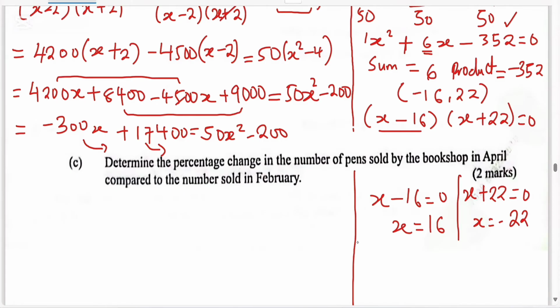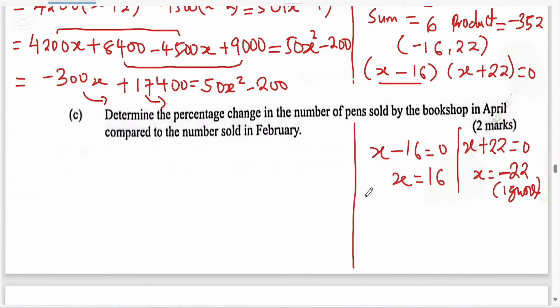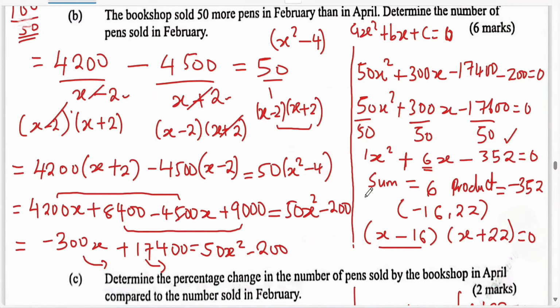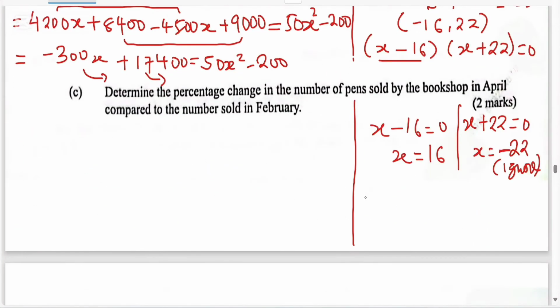So therefore there is no price that is negative, because x is in the price. So we cannot use it, therefore ignore it. But your answer is not that one. Your answer, you have been asked here in the question, you are told to determine the number of pens sold in February. And the number of pens sold in February is represented by this expression, which is 4,200 divided by x minus 2.